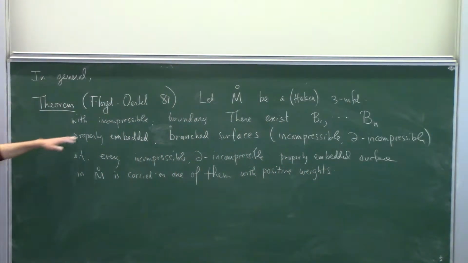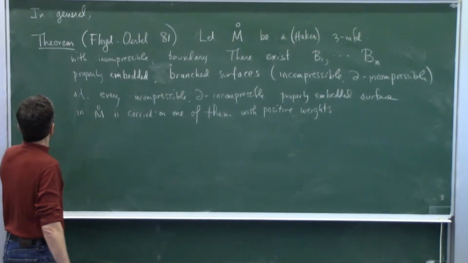So these are the finite list of objects which will help us control all of our infinitely many fibers that we had. So some definitions.